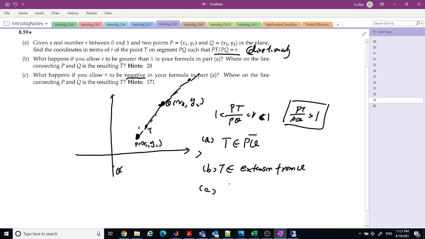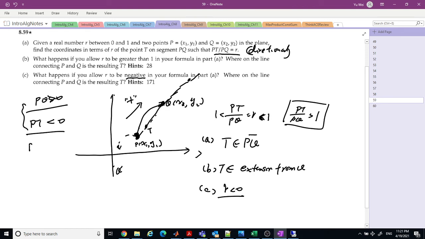Okay, then if r is negative, r negative means the direction is this. If we define this direction as positive, so PQ is positive, then if we go the other direction, PT should be negative.